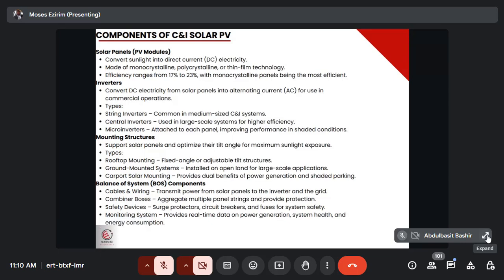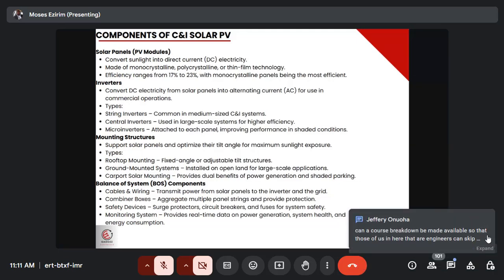Monocrystalline is a type of module. When I say modules, I'm talking about solar PV. There are some terms that I'll be using as time goes on, but before I use them, I will introduce them to you. When I say modules, when I say PV, I'm talking about solar. You understand? So monocrystalline is a type of module that uses one cell. You understand? So we're going to be looking at that.